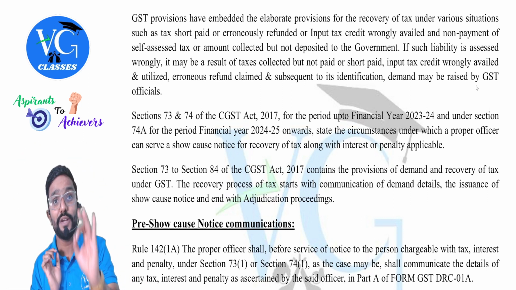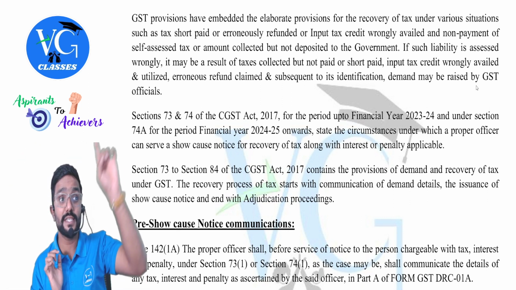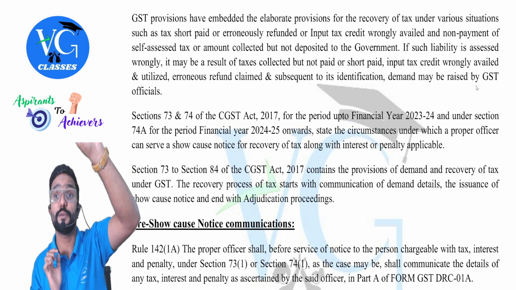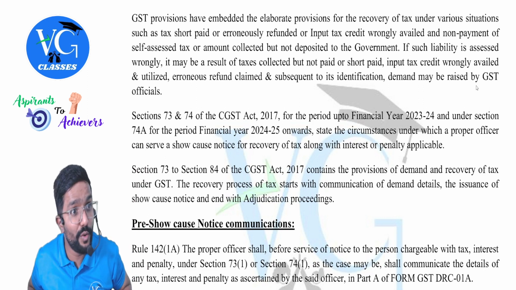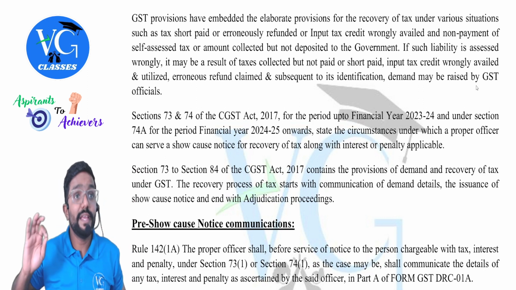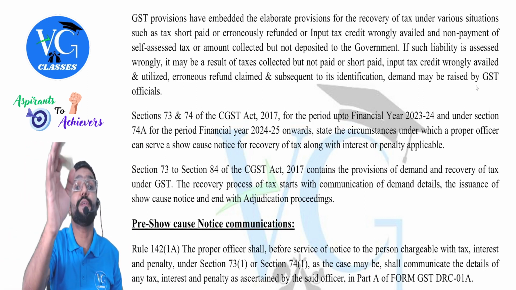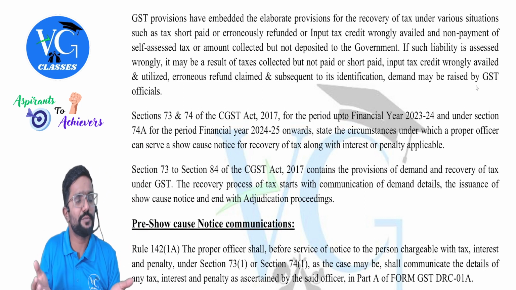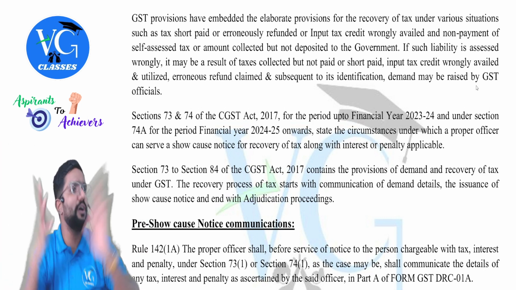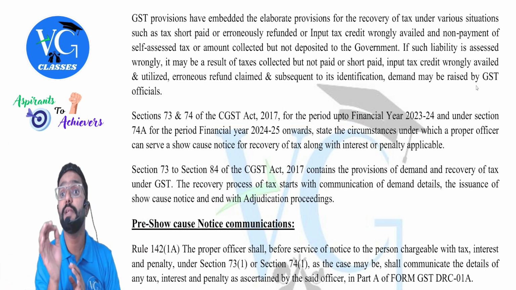So even today notice can be given under section 73 or 74 for my past mistakes or fraud. Whereas if I commit a mistake today, they can issue notice under 74A. Hope you understood now, because we are in financial year 24-25 and onwards. Is that clear?